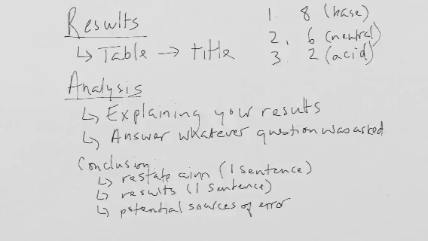Substance 2 was a salt because it had a neutral pH, but it was an electrolyte, whatever. Substance 3 was an acid because it reacted to the magnesium. Done. And then potential sources of error for this experiment included potentially not measuring the appropriate amount of substance, cross-contaminating substances in the spot tray, not rinsing off the conductivity apparatus, stuff like that. Okay? That is a conclusion.